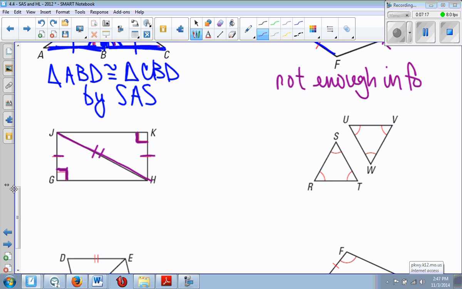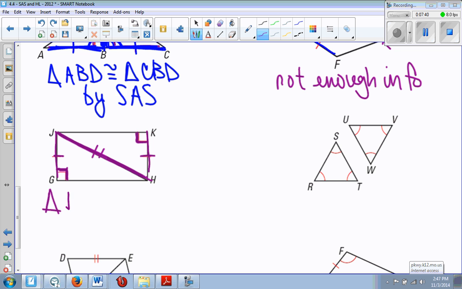However, since triangle JKH and triangle HGJ are right triangles, since KH and GJ are two legs of the triangles, and the shared side JH is the hypotenuse of each triangle, we can actually say these triangles are congruent.